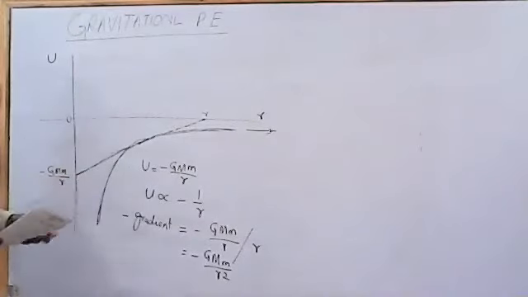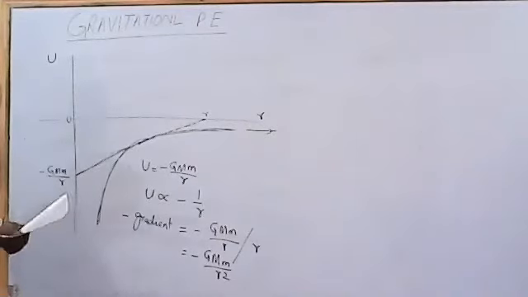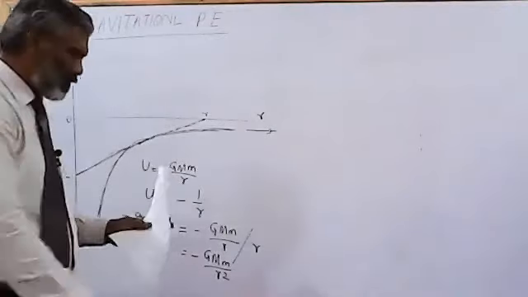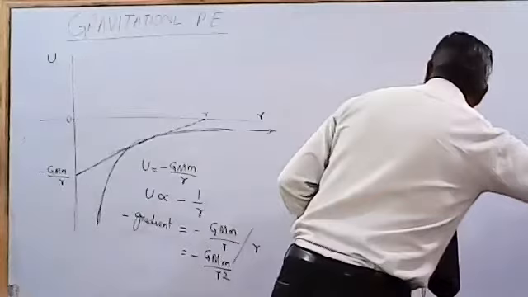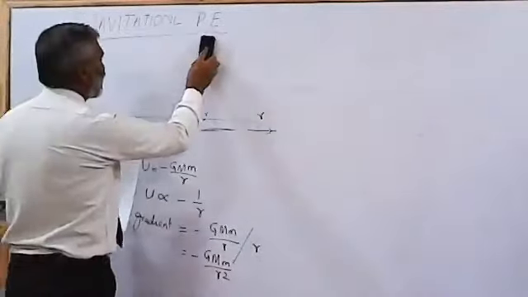Another quantity we can discuss here as well, because there is a certain similarity between gravitational potential energy and that quantity. So we should also discuss it here side by side to make our discussion complete. And that is gravitational potential.